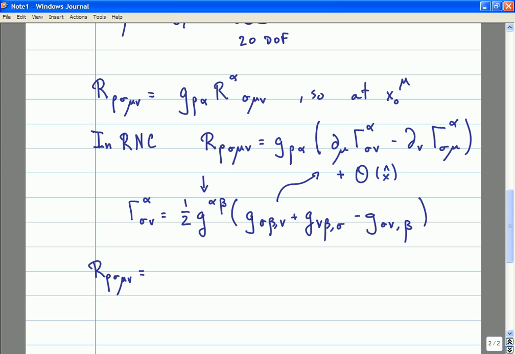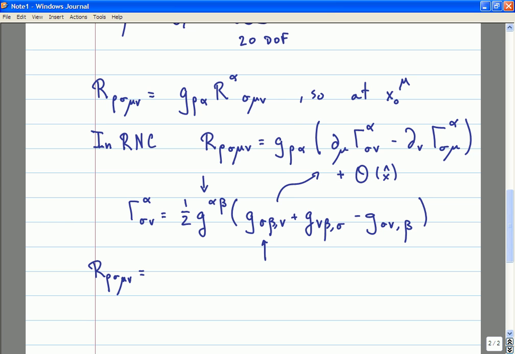So I only need to look at the terms where the derivative hits the other factor. And moreover, at the point x hat 0, g is just given by eta mu nu. So I will now proceed to raise and lower indices using eta mu nu, neglecting terms that vanish at order x hat to the 0.